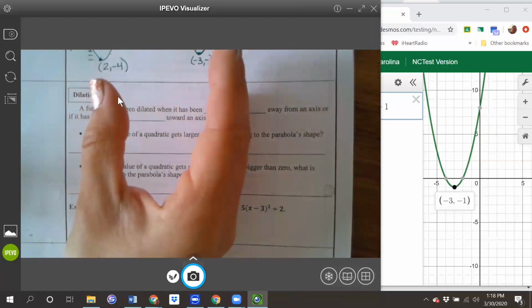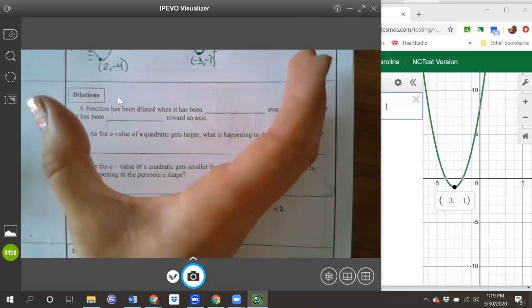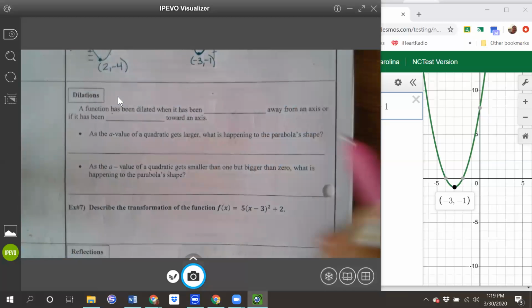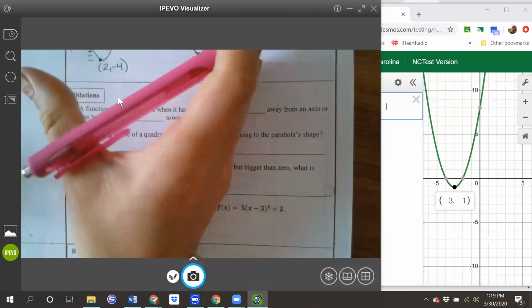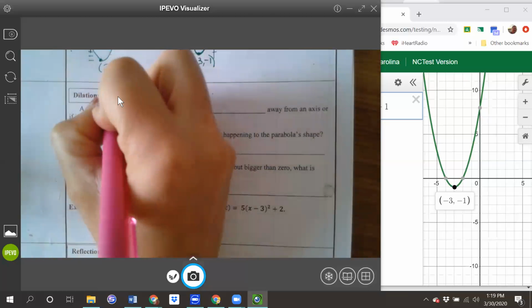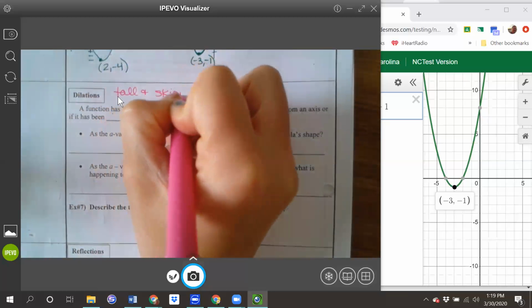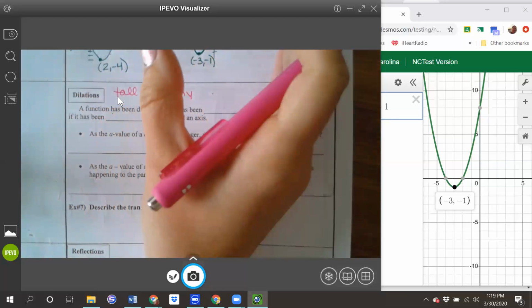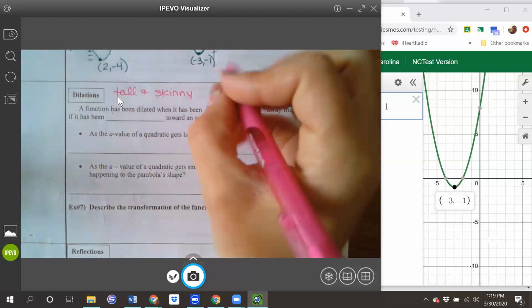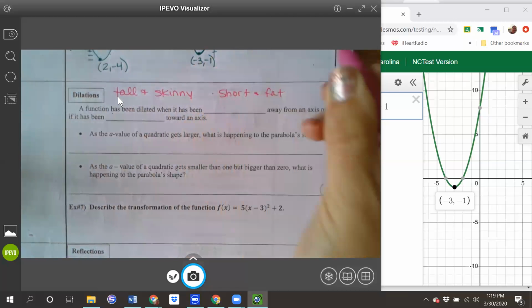If I enlarge it or widen it out, then it means that my parabola is going to open up like this. So that means that I have two options. If it compresses like this, it's going to get tall and skinny. If it is stretched or widened, it's going to get short and fat.